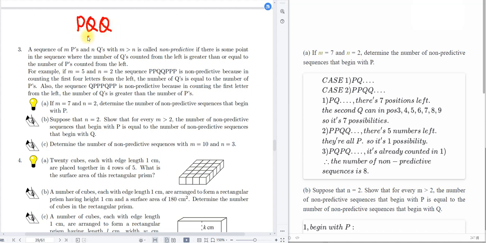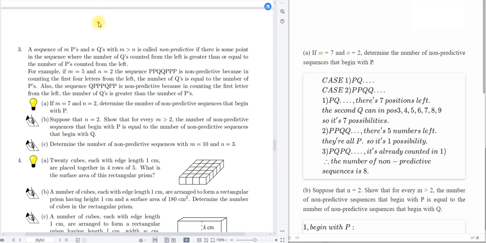So I think this is non-predictive because I cannot predict it. Okay, so I bet P I win, P I win, Q I lose, but I still win, and P I win. Yeah, that is predictive.